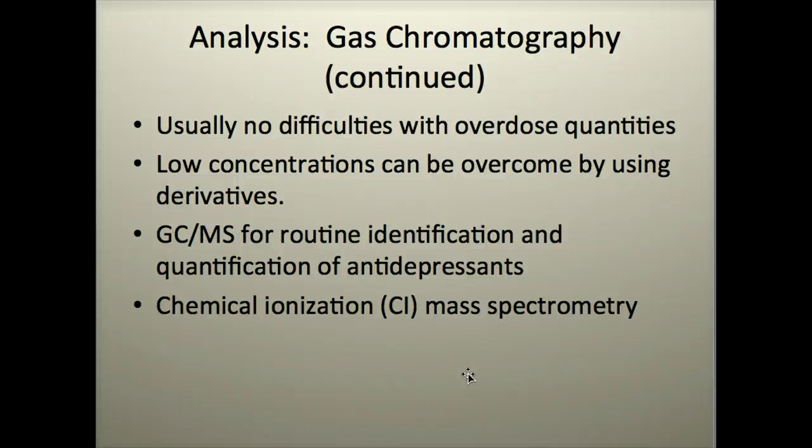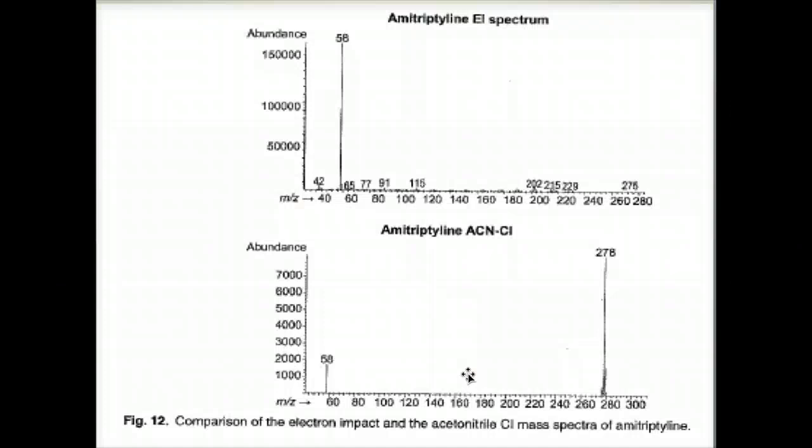Another approach that is gaining popularity is chemical ionization mass spectrometry, MS CI. It has become more accessible with the advent of less expensive benchtop chemical ionization instruments. And here is a figure comparing the electron impact, which is shown up here at the top, and chemical ionization spectra of amitriptyline.